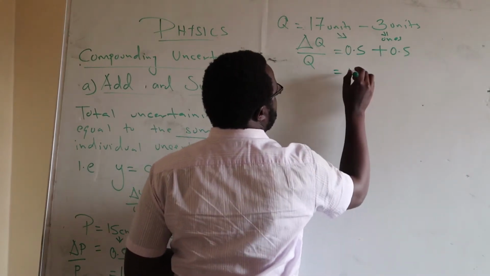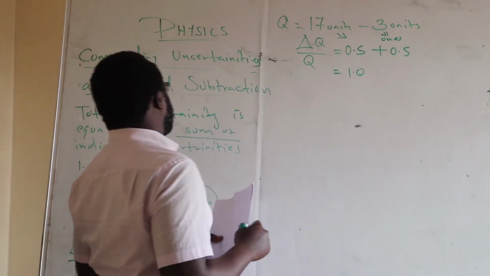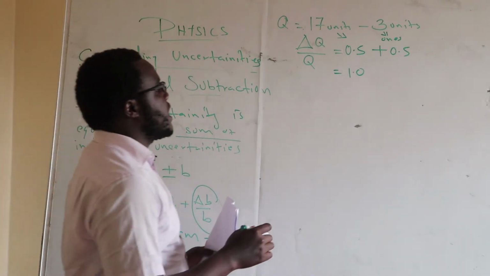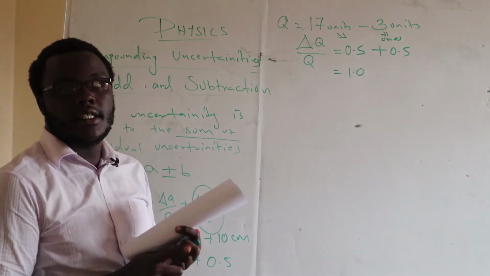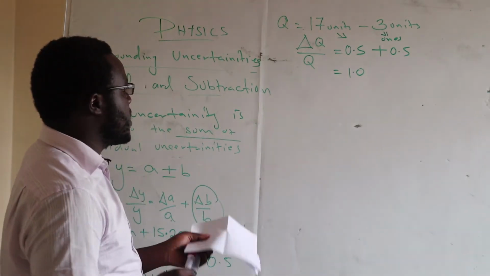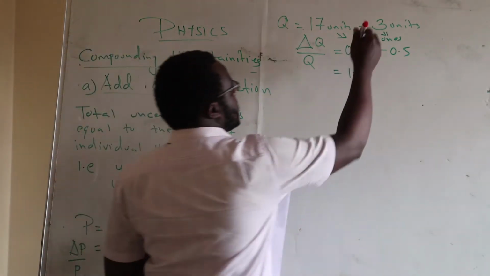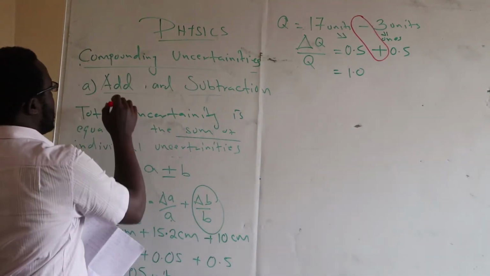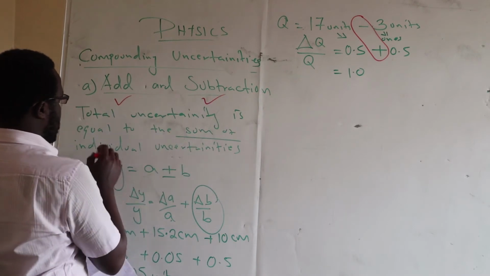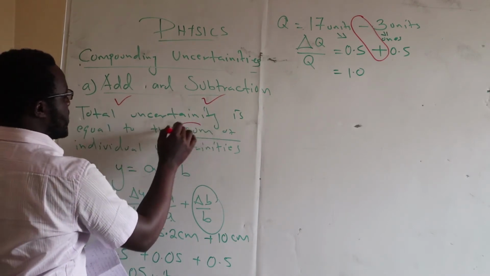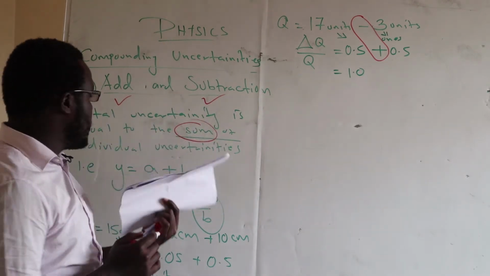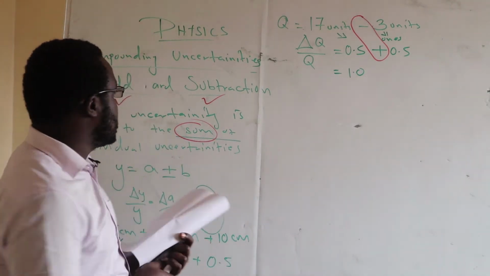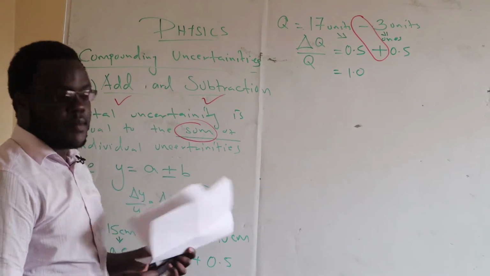Therefore, we get the total uncertainty as 1.0. You notice that regardless of the subtraction sign, I still had to add the uncertainty, because we have said that for addition and subtraction, the total uncertainty is the sum of individual uncertainties, and that's how we propagate the uncertainty during addition and subtraction.